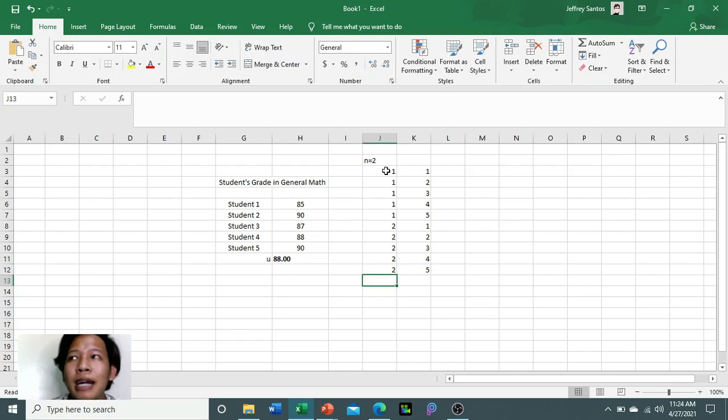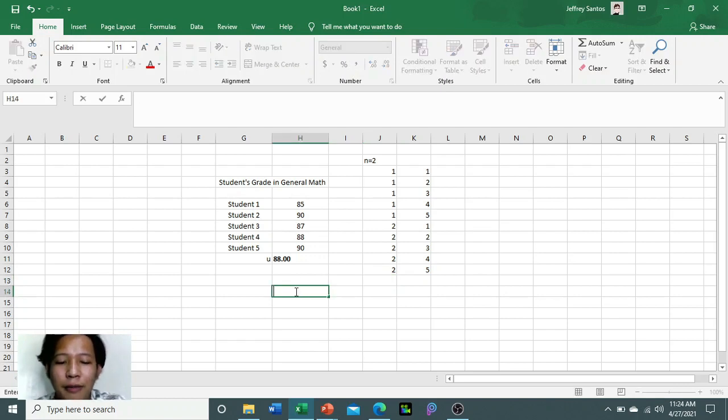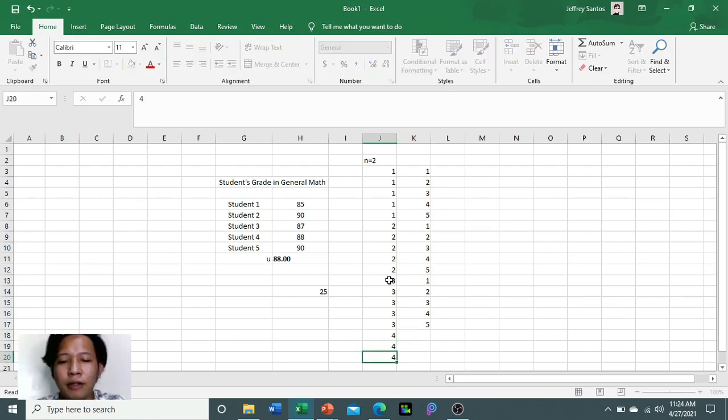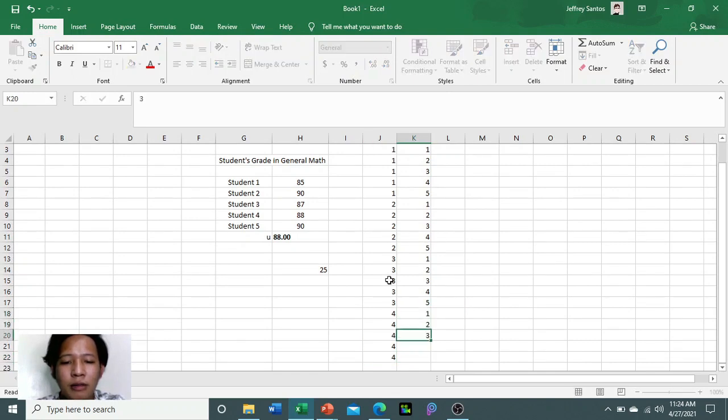So, how many possible combinations do we have here? If we have 5 students, we simply have 5 times 5. So, how many combinations do we have? 25. So, we have 3,1, 3,2, 3,3, 3,4, 3,5. And the same thing goes with 4: we have 4,1, 4,2, 4,3, 4,4, and 4,5.